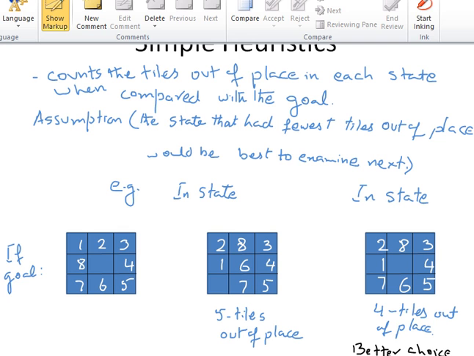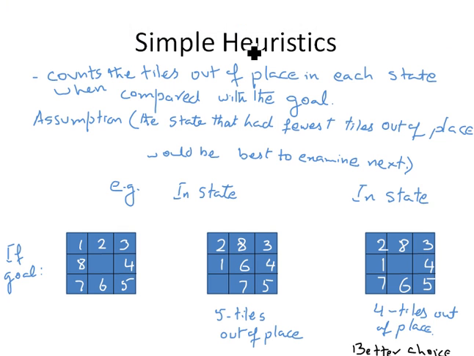Let me just get back the pen. Basically we count the tiles out of place in each state. For instance, if this is my goal state, 1, 2, 3, 4, 5, 6, 7, and 8, this sort of configuration. If I look at this particular state here, how many tiles are out of place?